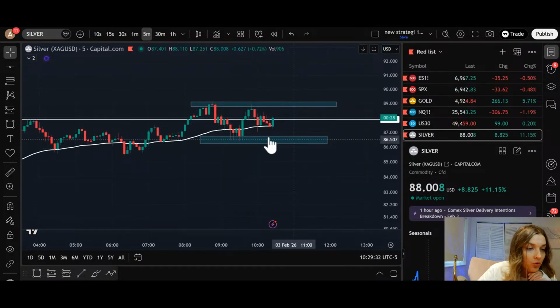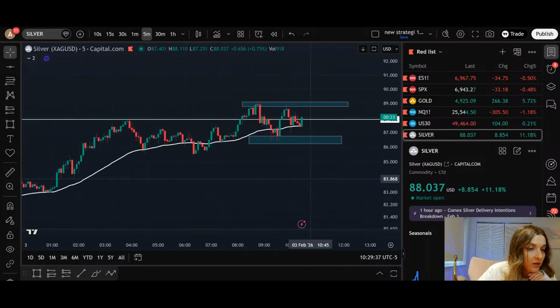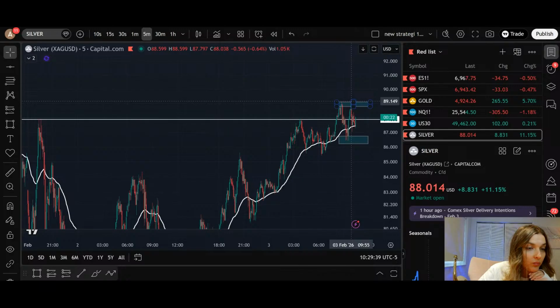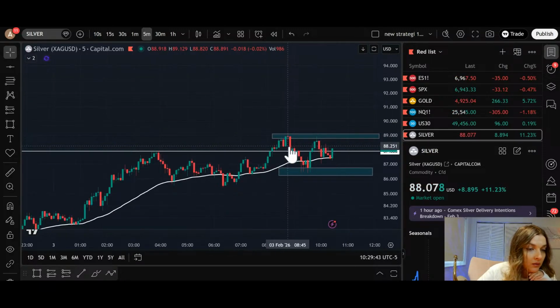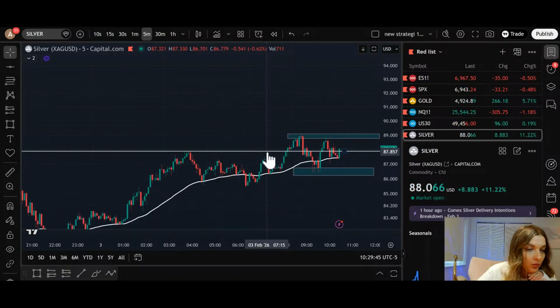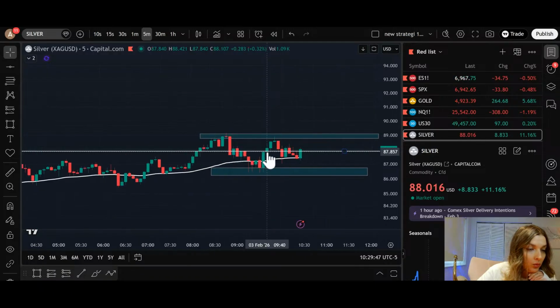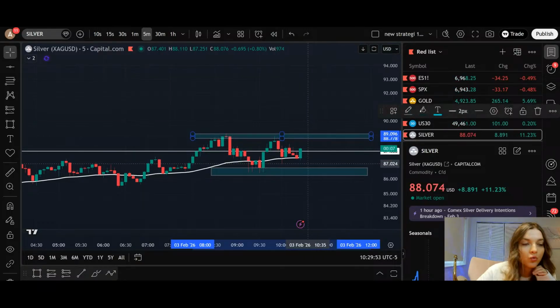You can go for a short if it breaks and retests this. Go for a long, same, break this. Yeah, I would like a long more than a short.